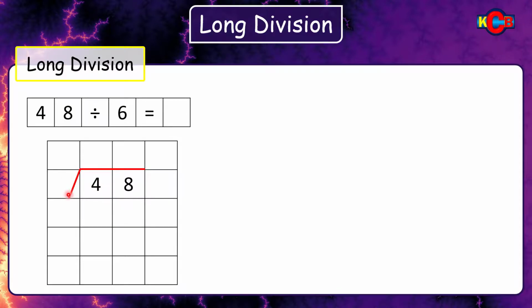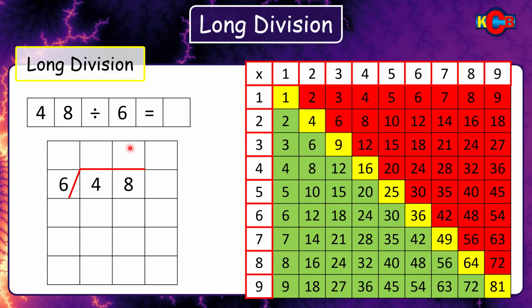Next, we write down the divisor 6 next to this slanted line. Since the divisor is 6, therefore, we refer to the multiples of 6. Now, 1, 2, 3, 4, 5, 6. This is the multiples of 6.